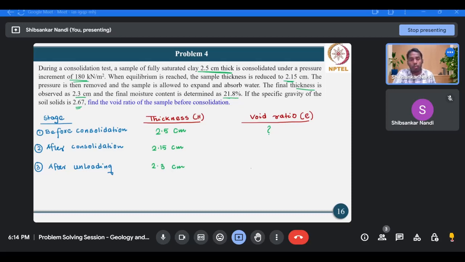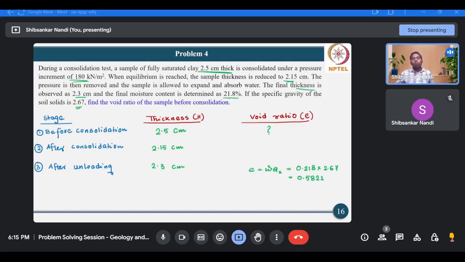Since the sample is completely saturated, we can calculate the void ratio from the expression e equals w times Gs, where w is given as 21.8% and Gs is given as 2.67. Therefore, we can easily calculate the void ratio after unloading as 0.218 into 2.67, which is 0.5821, so 0.58.